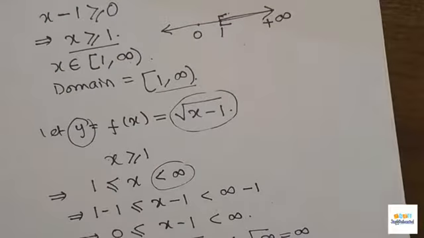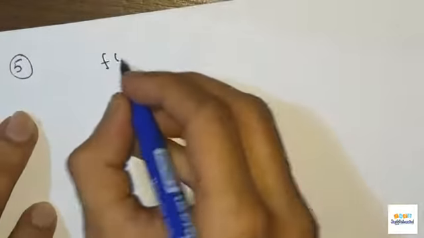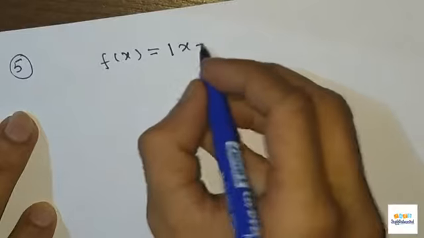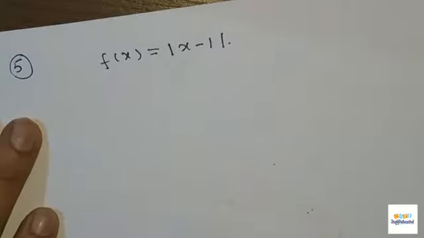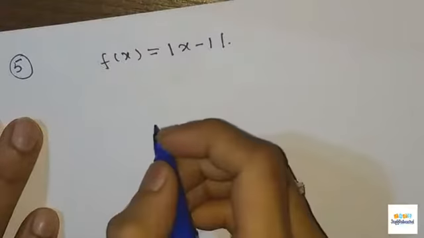So let us try to solve problem number 5. You are given a function f(x) equal to modulus of x minus 1. This is the same as the previous problem. What we have to do is, we have to find the domain and the range.